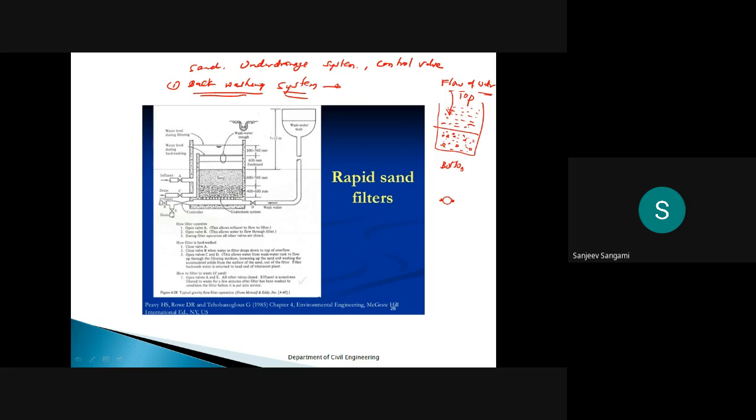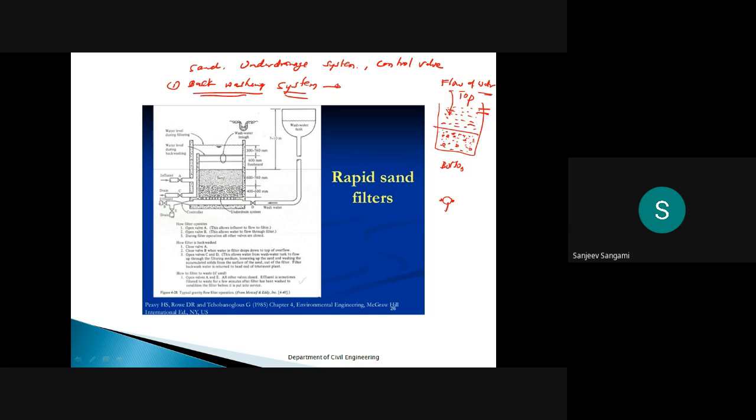When the filtration is not happening, it will start overflowing. Once the head of water is developing and it is overflowing, you assume that the filter bed is clogged.